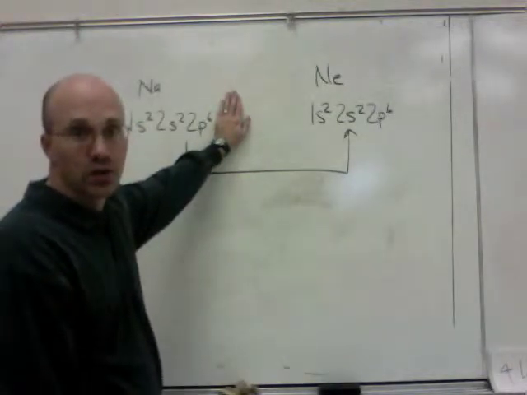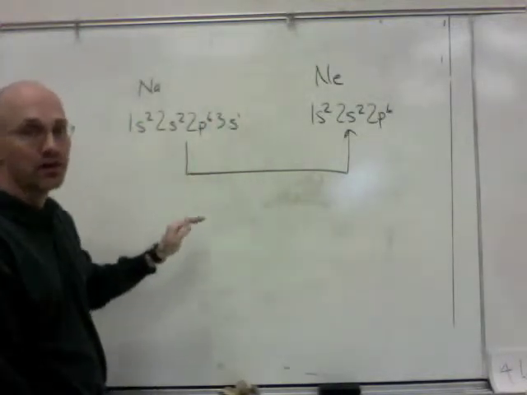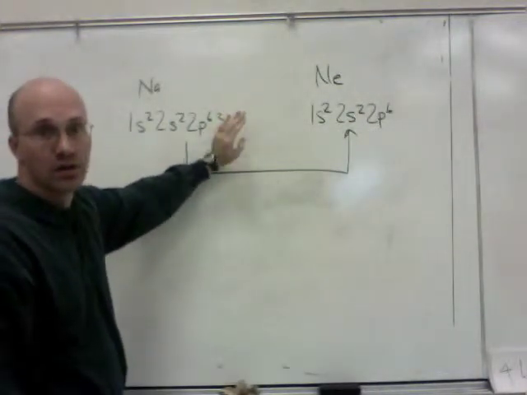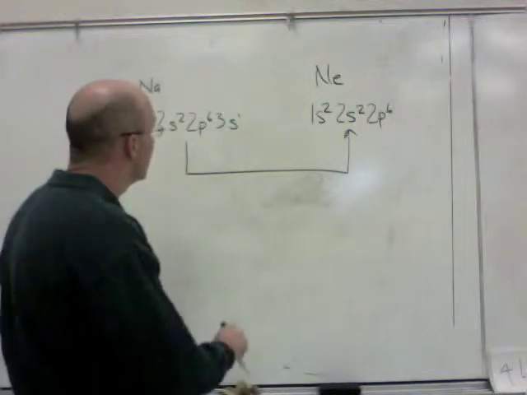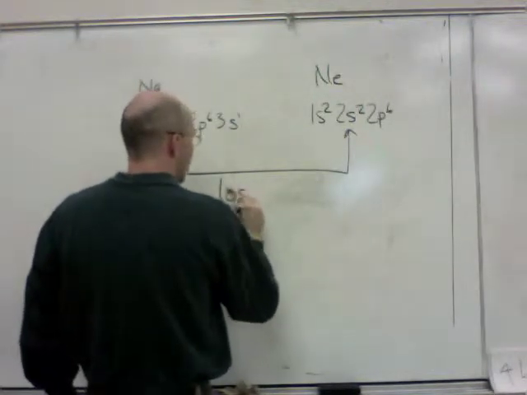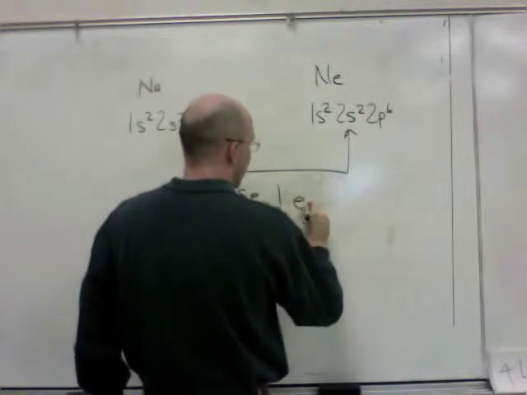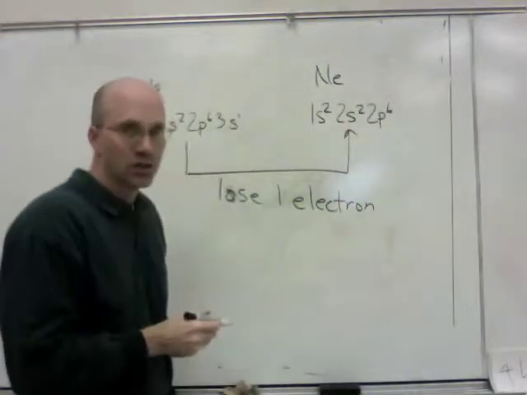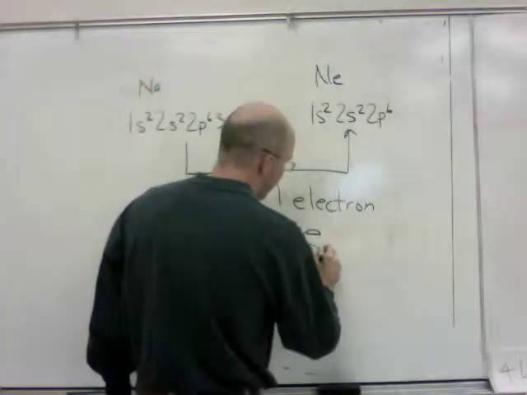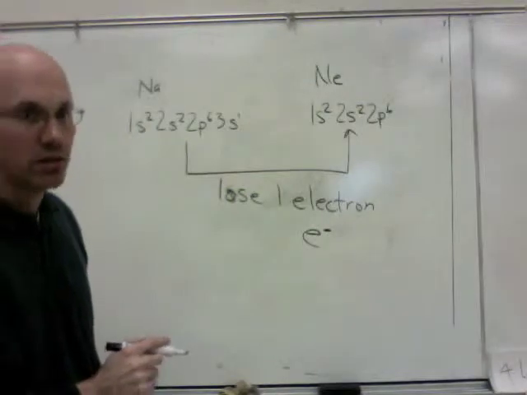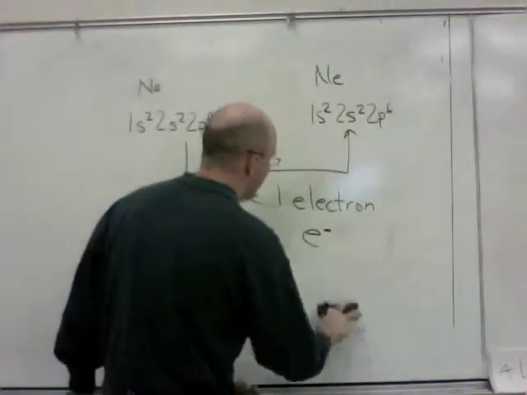It's got to lose one. In order for this to become like that, it's got to get rid of that last 3s1 electron. So it needs to lose one electron. Just for reference, I'm going to be abbreviating electron with the symbol E minus, just so that you know what that is.